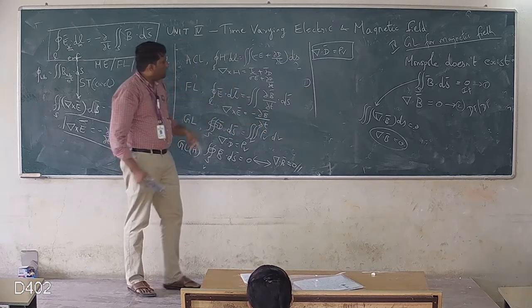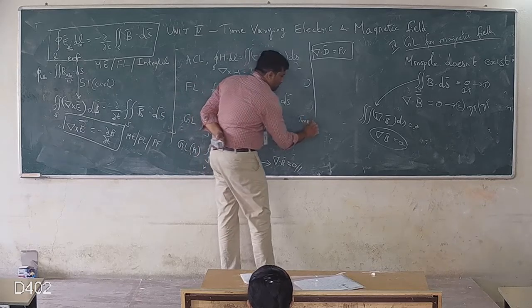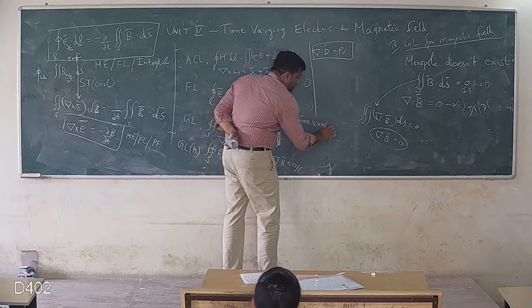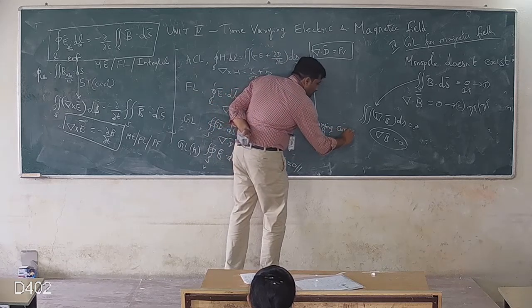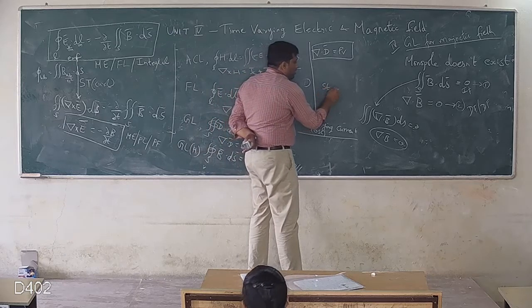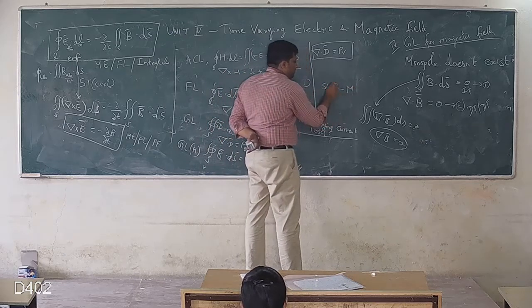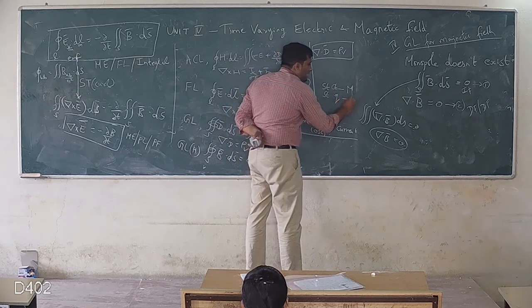Therefore, I can conclude that if the current is time varying current or oscillating current, then... if there is a stationary current, it will contribute only magnetic field. If there is a static charge, it will contribute only electrostatics.